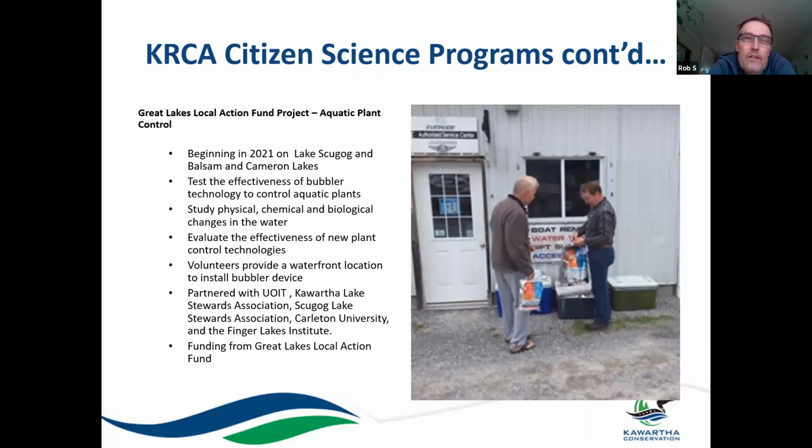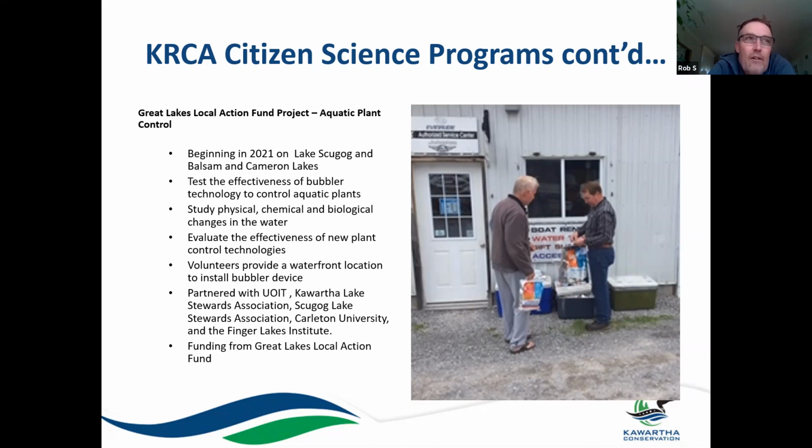These are technologies that haven't been studied extensively, so we're looking at how effective these technologies are in controlling aquatic plants. We're also looking at the potential impacts in the physical environment in the nearshore from using these bubblers, as well as the chemical and ecosystem impacts.